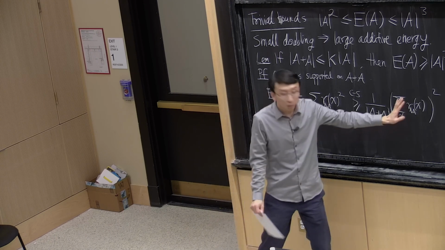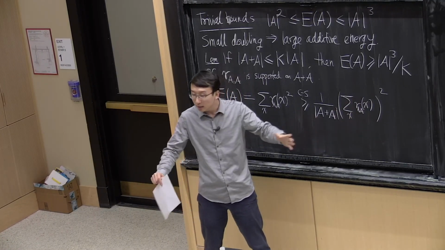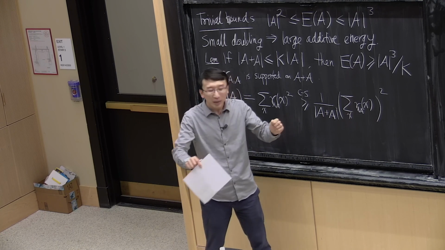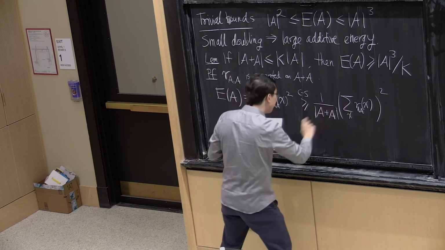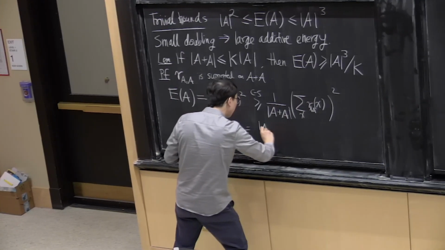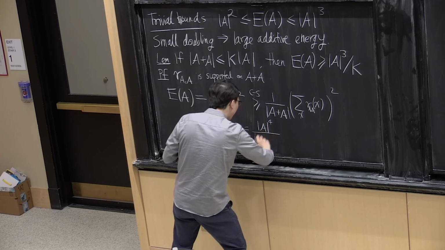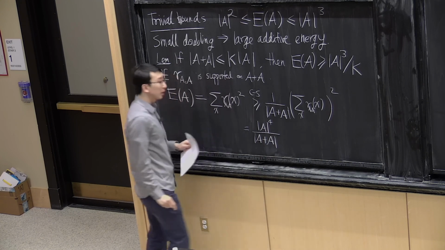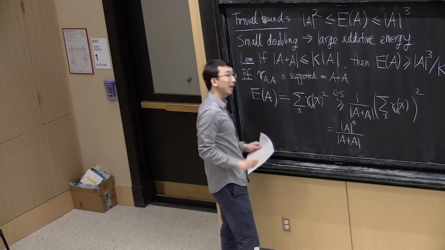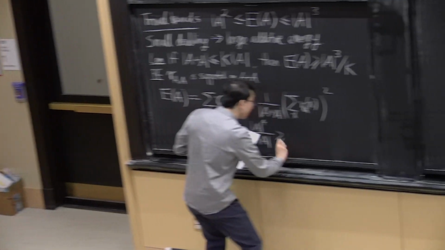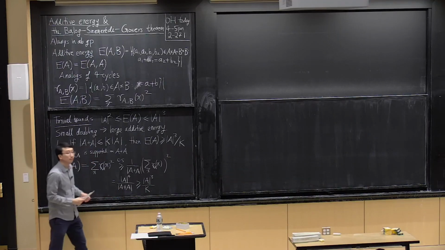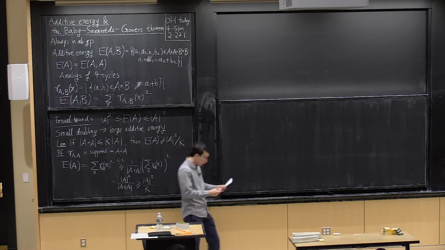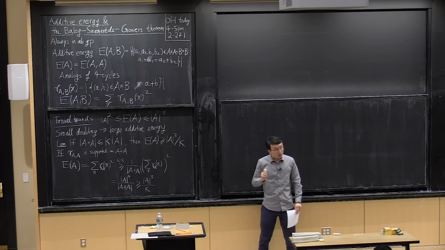So if I sum over all x, we're just looking at ways of picking an ordered pair from A. Right, so this last expression is equal to the size of A to the power 4 divided by the size of A plus A. And now we use that A has small doubling to conclude that the final quantity is at least A cubed divided by K. Okay, so we see small doubling implies large additive energy.